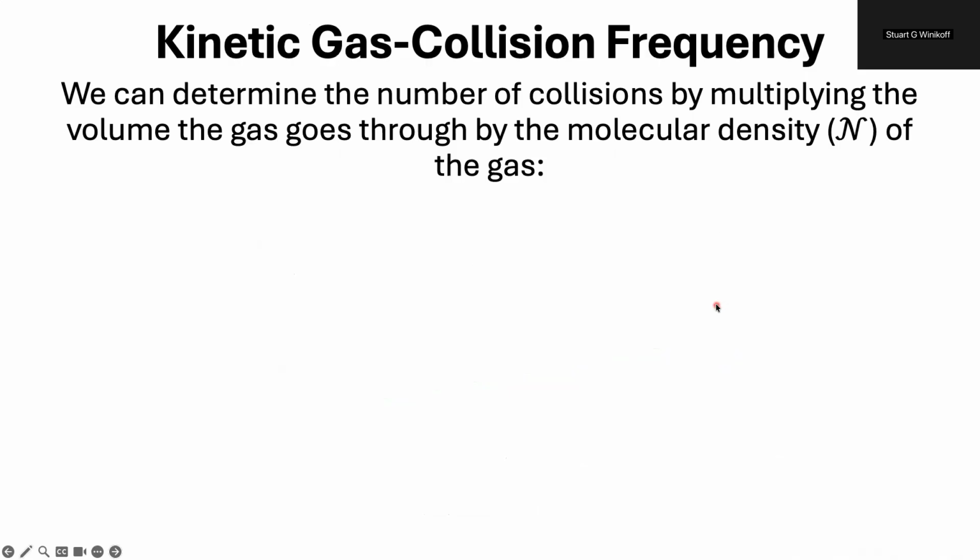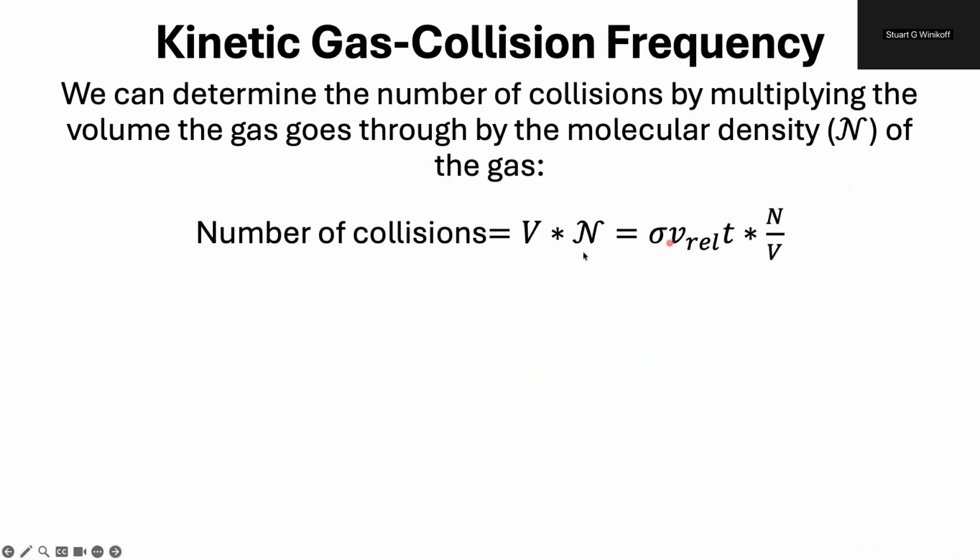So now using this, we can figure out the number of collisions by multiplying the volume that gas goes through by the molecular density. So this is simply just going to be the number of gas molecules per a given volume. And then we can multiply that by that volume of interaction.